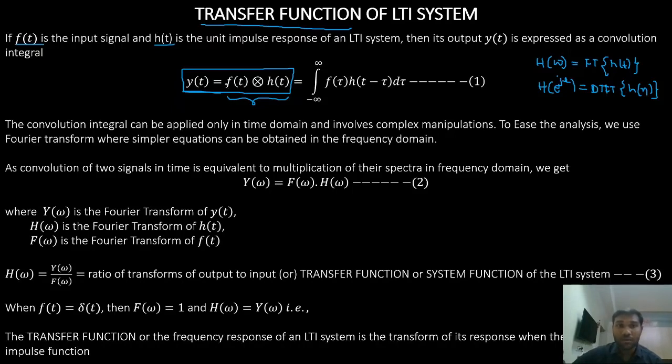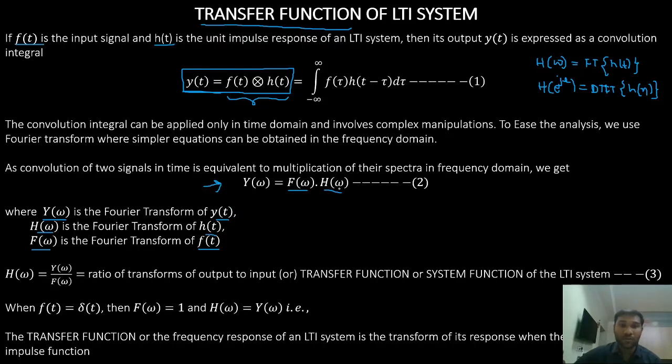So the Fourier transform of f of t convolved with h of t will be the multiplication of individual Fourier transforms. The Fourier transform of f of t is f of omega, and of h of t is h of omega. So y of omega, h of omega and f of omega are the Fourier transforms of y, h and f. This is how it looks after applying Fourier transform.